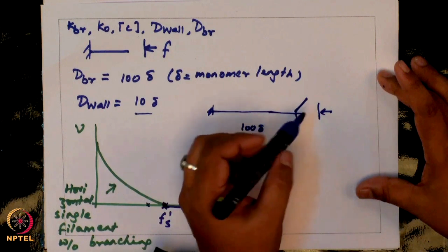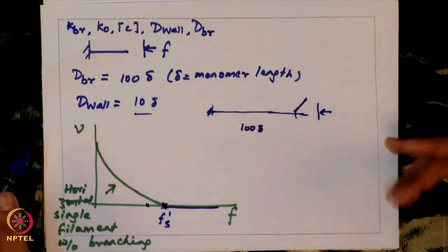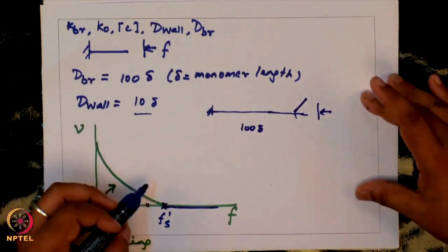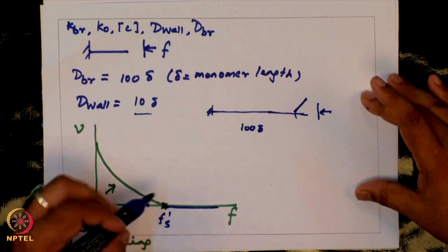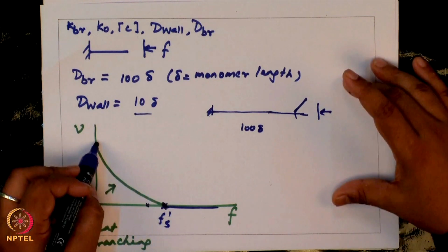And once a new filament is formed, you have two filaments pushing against the wall. So, the stall force of that network is expected to increase. So, you will realize that this will have a curve something like this.